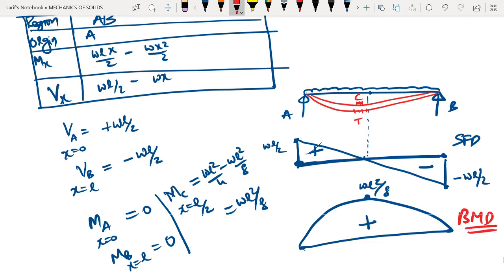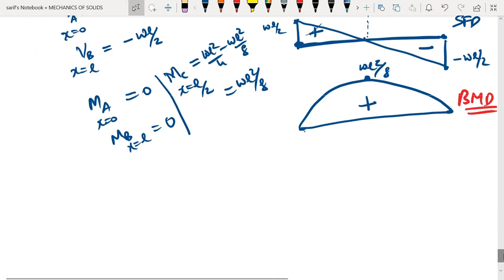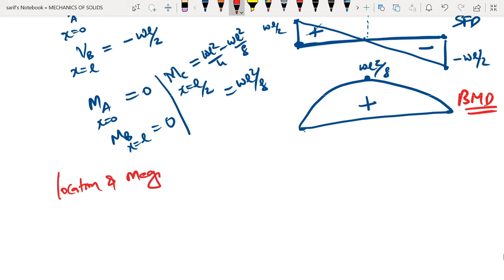Again, if you notice, you will see that the bending moment is maximum at the point where the shear force is 0. So let us say you want to find out the location and magnitude of maximum moment. There are multiple ways in which we can do it.